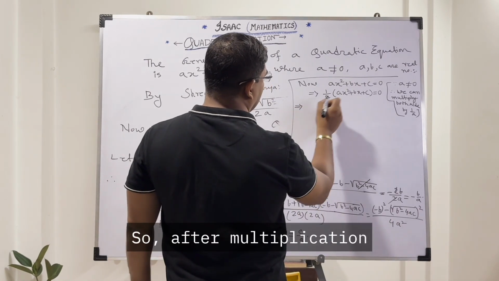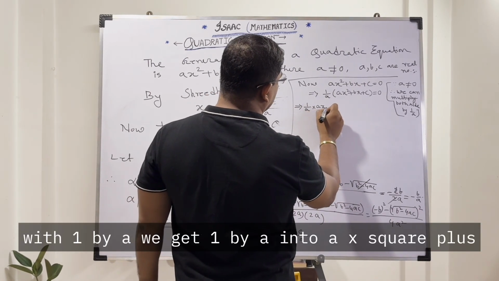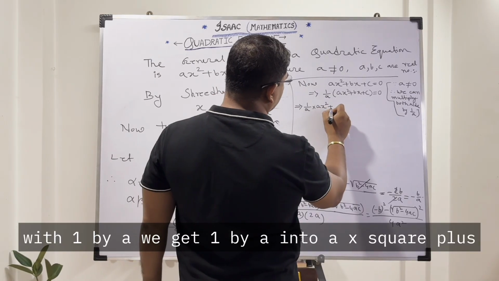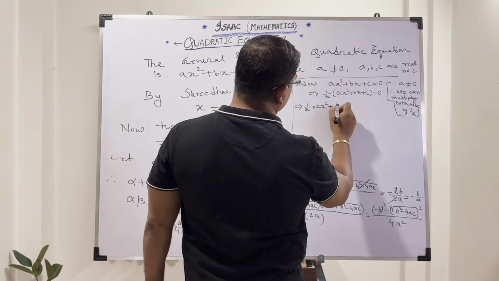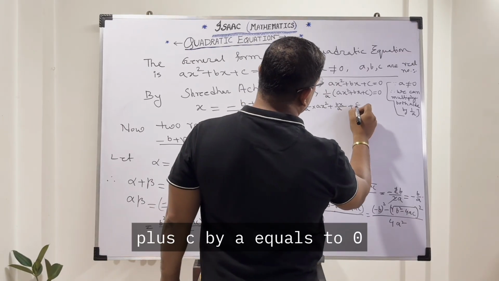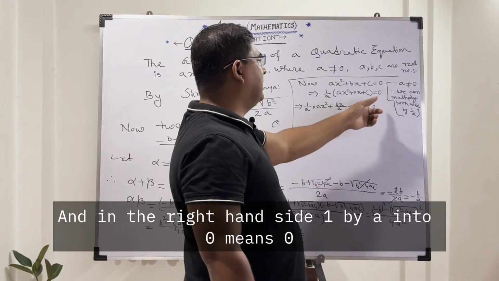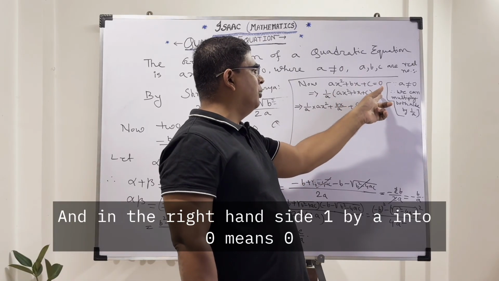After multiplication with 1 by a, we get 1 by a into ax square plus bx by a plus c by a equals to 0. And in the right hand side, 1 by a into 0 means 0.